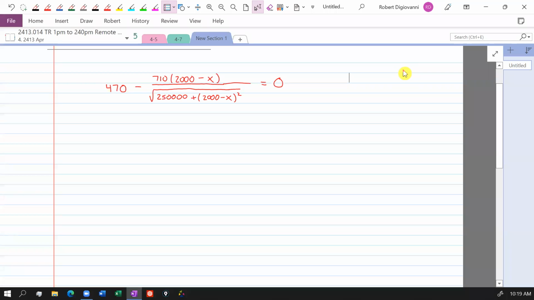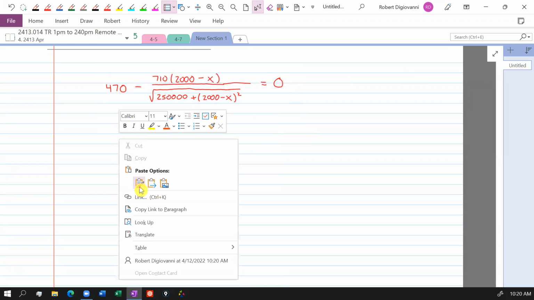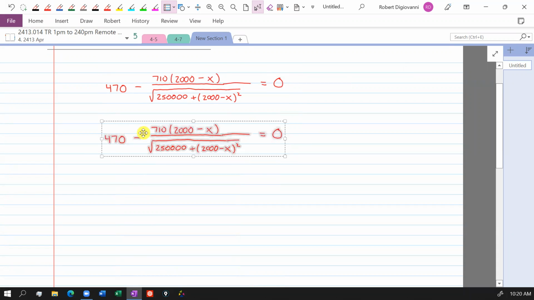So first thing I'm going to do is I'm going to move everything here that's negative, all of this. I'm going to move it to the other side of the equation, and that'll make it positive. So I think I'll cheat to do this. Just going to copy this, paste it. And then let's make this an equals. So that's what would happen if we move that to the other side.